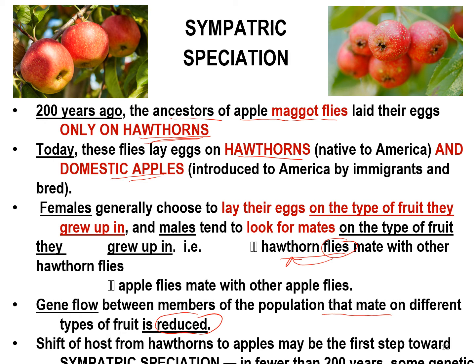Jadi bila dia duduk dekat domestic apple, dia membesar dekat domestic apple. Bila dia dah besar dan dia nak cari pasangan, nak interbreed, dia dah tak pergi dekat hawthorn, dia akan pergi juga cari buah yang domestic apples. So dia dah terpisah, dah tak berlaku gene flow, dah tak terbang ke hawthorn. Jadi hawthorn dengan hawthorn, domestic apples dengan domestic apples, padahal dalam kawasan yang sama, cuma buah je berbeza.